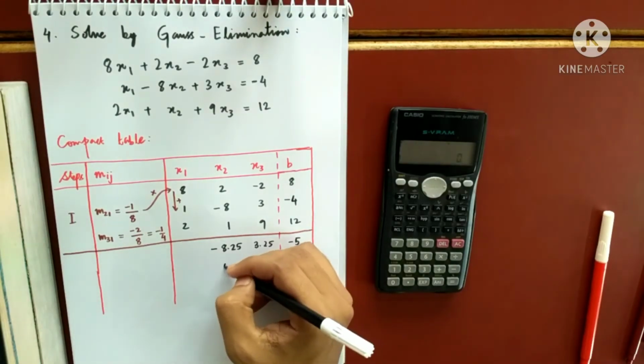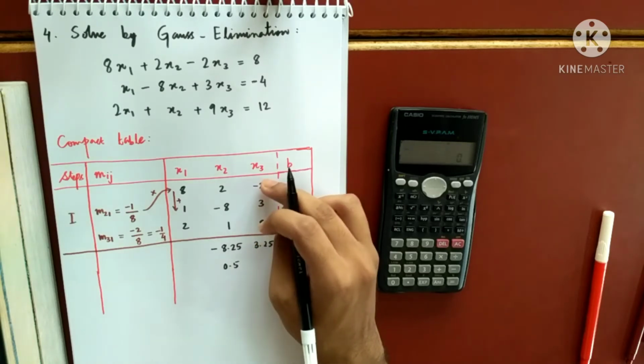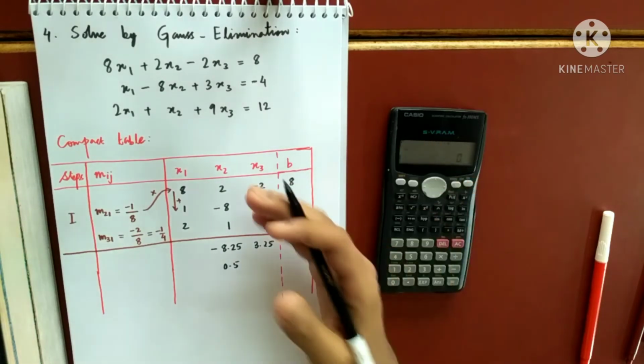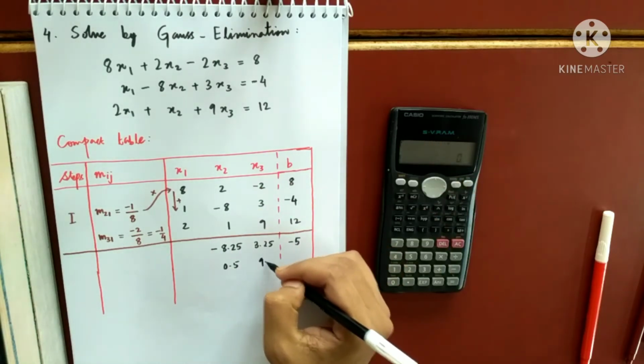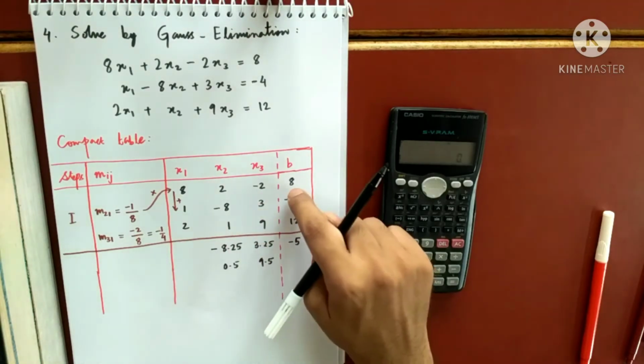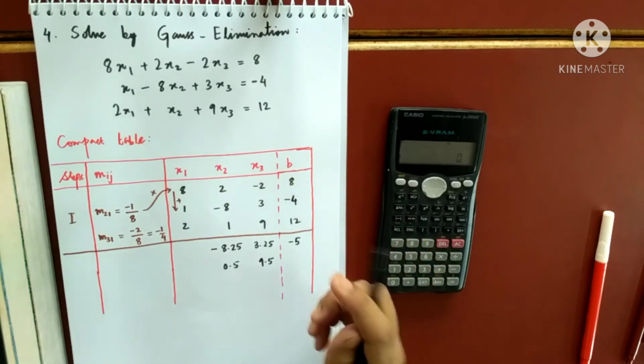Minus 0.5 plus 1 is 0.5, right? I am dividing this by minus 4, so minus minus cancel. 1 by 2 means half, that is 0.5. 0.5 plus 9 is 9.5. And I am dividing this by minus 4, this will become minus 2. Minus 2 plus 12 is 10.